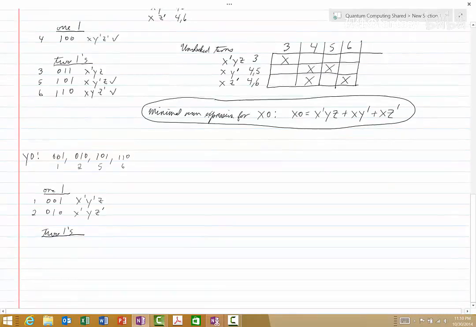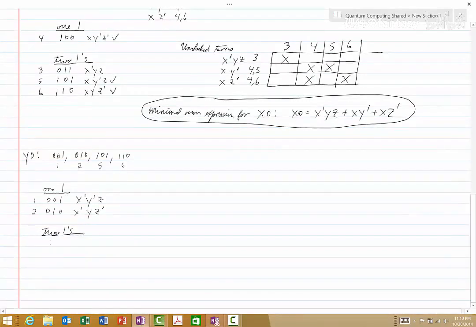We will have 1, 0, 1, which is x, y prime, z. And we also have 110, which is x, y, z prime. So now we start checking these 4 combinations.